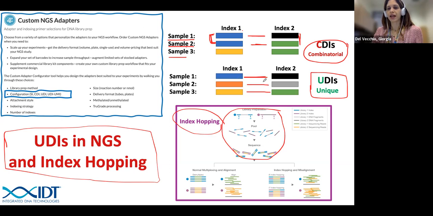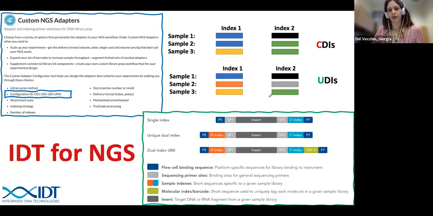If I see any other combination of them, it's an artifact, because I know that I didn't put blue and green together, for example, okay? And of course, the best would be to have unique dual indices plus UMI.